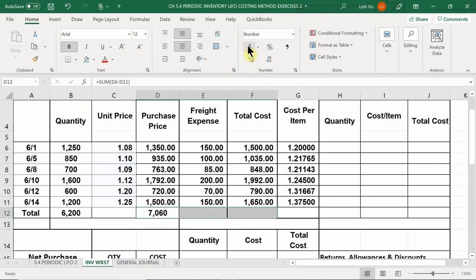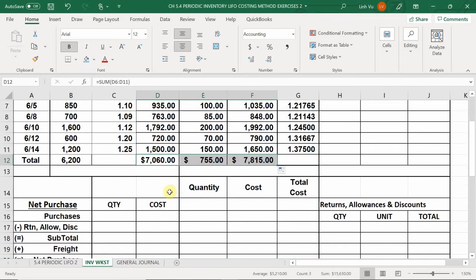What is my total freight? $755. Good. And last but not least, what is the total cost? $7,815.